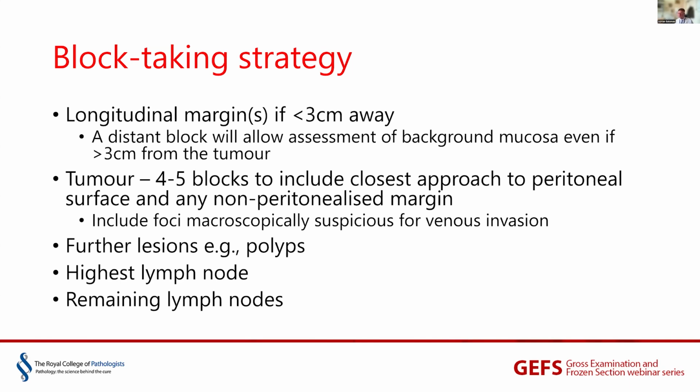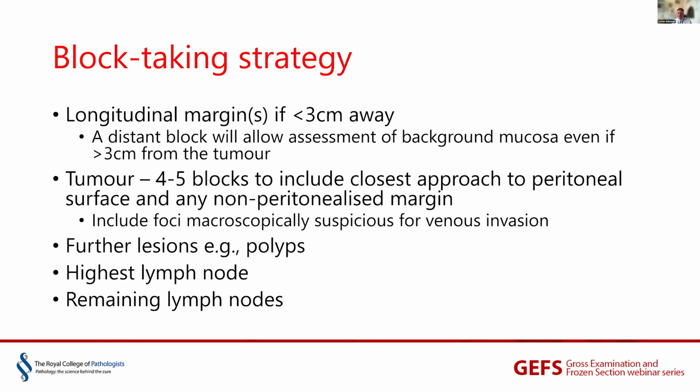Although I would say, even if the tumor's well clear of the margins, I tend to take one block of distant bowel wall just to look at the background mucosa, and in a right hemicolectomy, I'll tend to take a piece of the terminal ileum and a piece of the distant ascending colon, not because I'm necessarily worried about where the tumor is in relationship to them, but so I can check for anything previously undiagnosed that might be present within the distant bowel. Most of the time there isn't anything, but I think it's still worth doing.